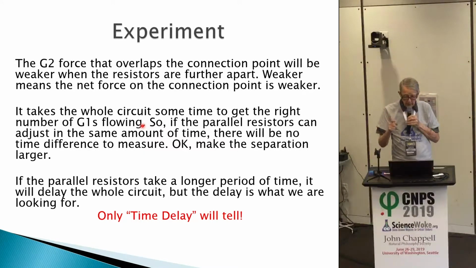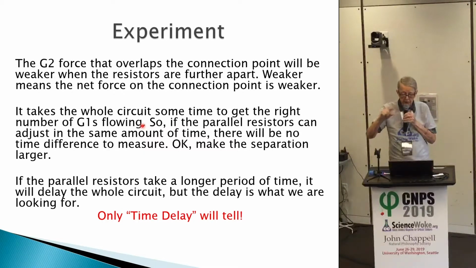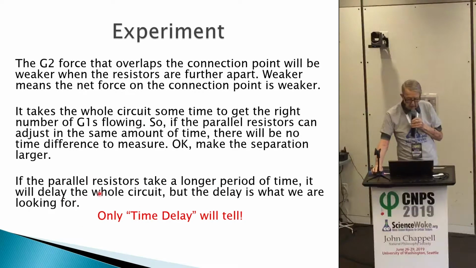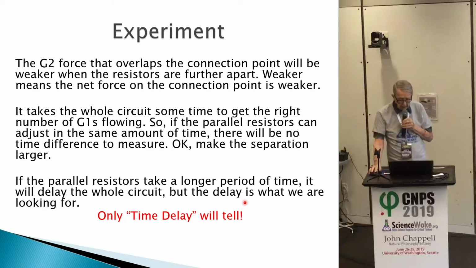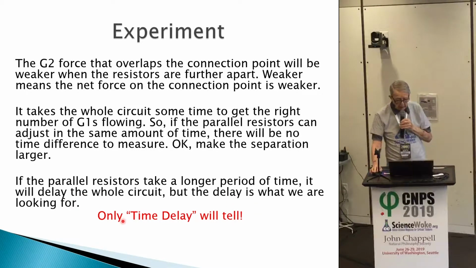Well, it's going to take maybe longer to accommodate these fields. I don't know exactly. If the parallel resistors take a longer period of time, it will delay the whole circuit, but the delay is what we're after in the first place. So I still think it's going to work, and if I have to, I can make the separations larger.